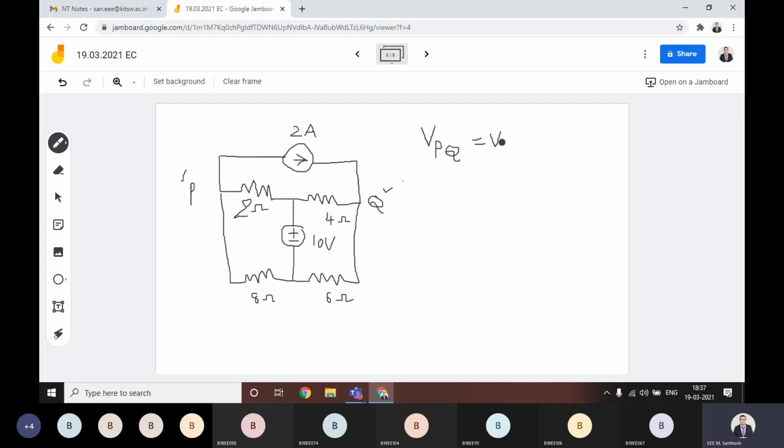For that you need VP, the voltage at point P, and the voltage at point Q. Then VP minus VQ will give you the value of VPQ. This is the hint I can give you at this stage to solve now.